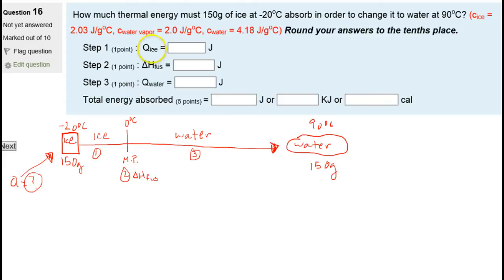Alright, so up here in step 1, let's figure out how much thermal energy the ice will absorb as it goes from negative 20 to 0.